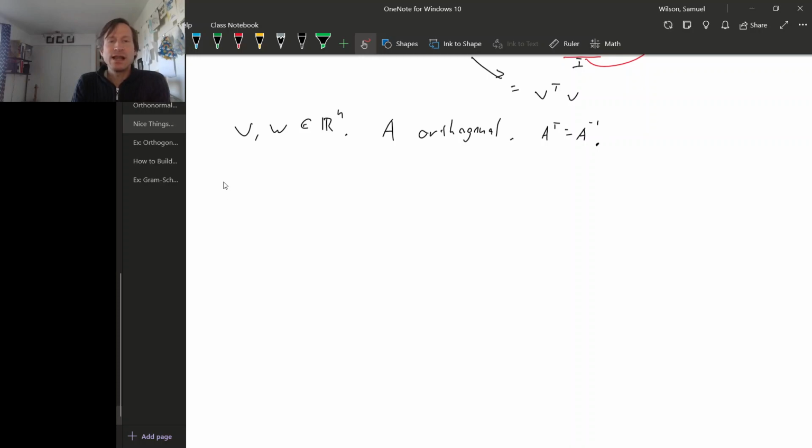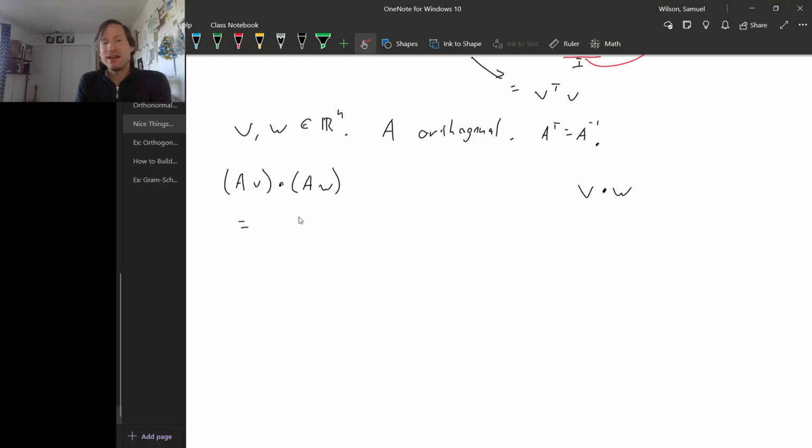Okay, then let's compute the dot product of these two vectors before and after applying this linear transformation. After the linear transformation, the dot product is this, AV dotted with AW. Before the linear transformation, it's just V dot W. Okay, well, let's compare these two.